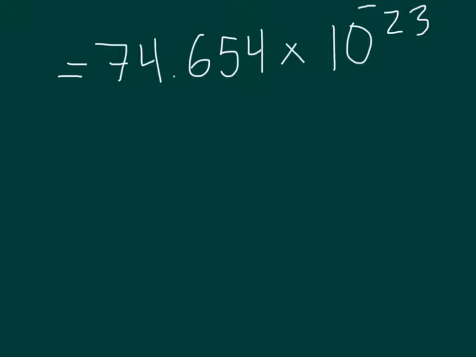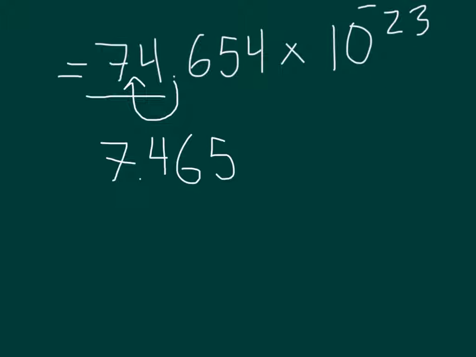One of our last steps is to put our answer into scientific notation. If you notice here, in scientific notation you only have 1 number to the left of the decimal point. However, here we have 2, a 7 and a 4. So we have to move the decimal point over once to the left. This turns into 7.465, then times 10.